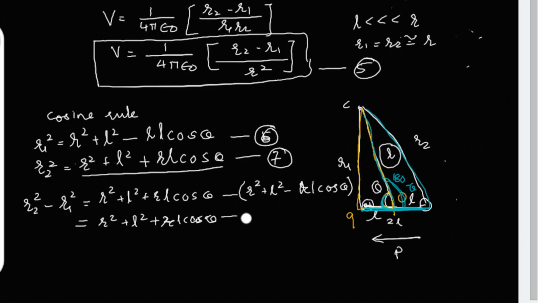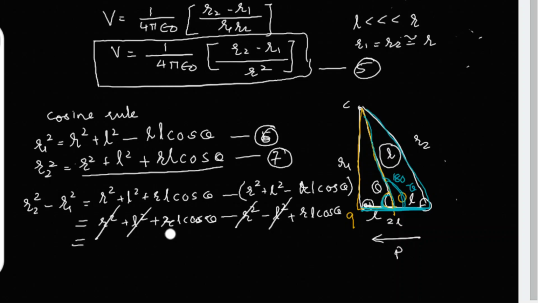I will get minus R square minus L square, and minus minus becomes plus R L cos theta. Then the simplification: R gets cancelled, L square gets cancelled, R square gets cancelled.